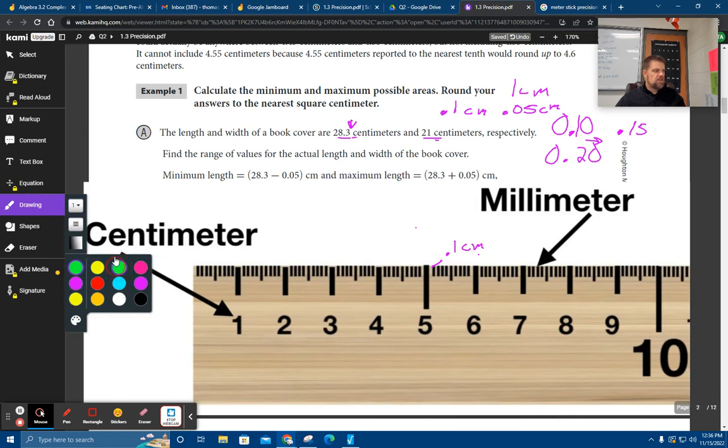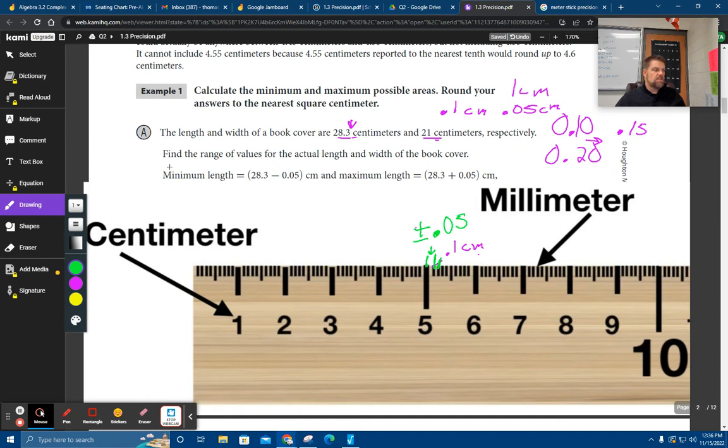But am I closer to here or am I closer to here? What's the difference? Well, that's basically plus or minus 0.05, right? I could be halfway in between, or halfway over here, depending on how you measure it.